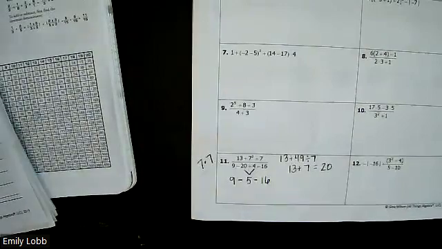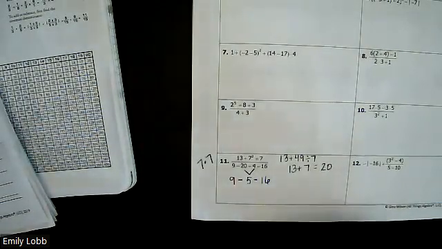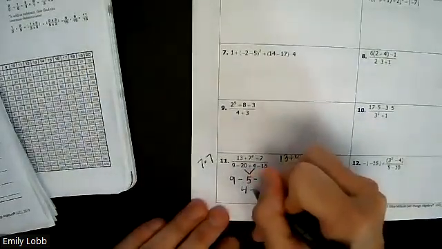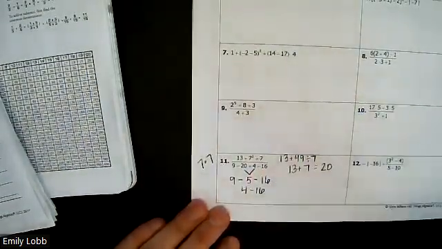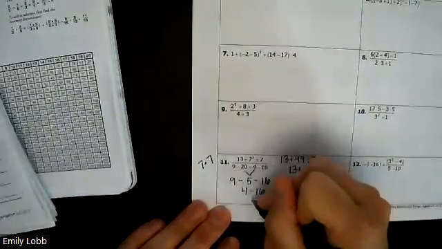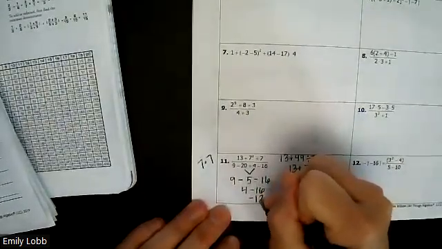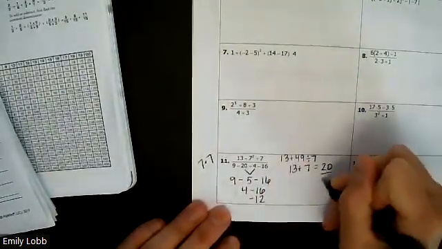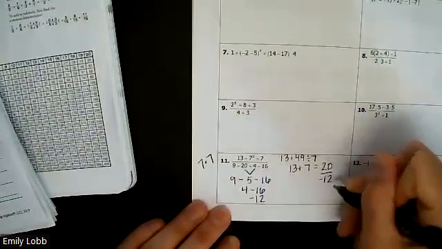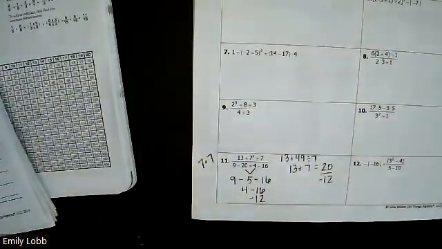So left to right now, what's 9 minus 5? That equals 4. 4 minus 16 is negative 12. So this was the goofy one where we end up with a fraction. What can I divide both 20 and 12 by?